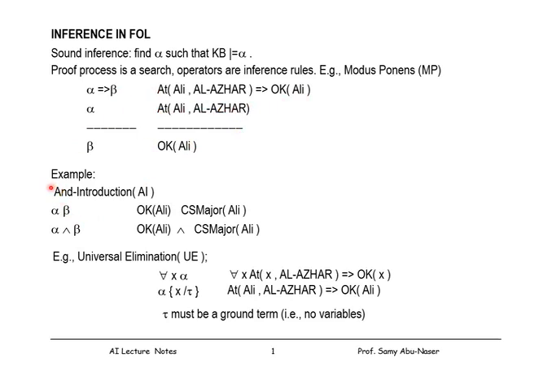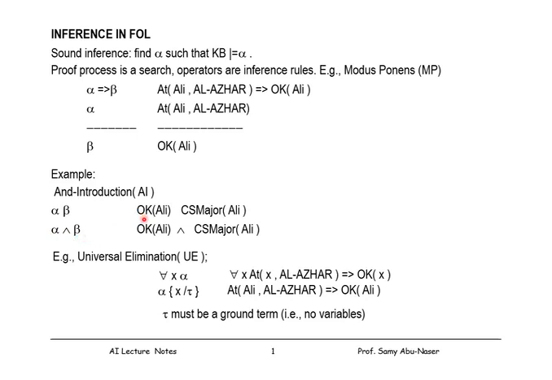Another example: and introduction. If we have two sentences, one sentence alpha and the second sentence beta, we can combine them with and, like alpha and beta.